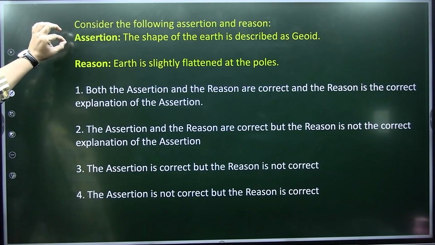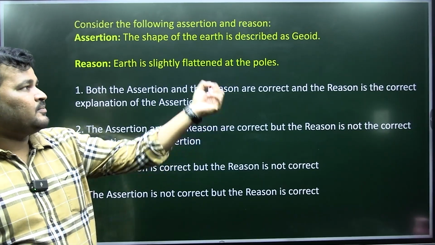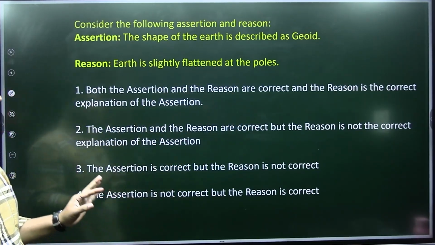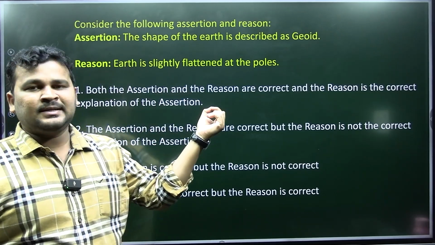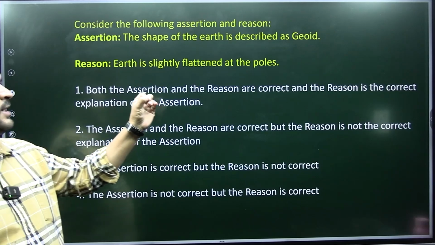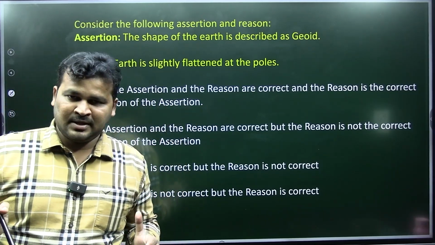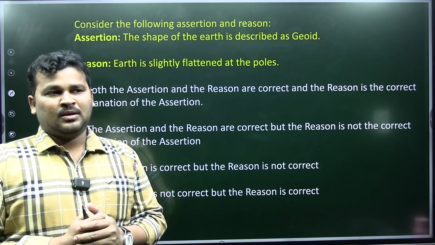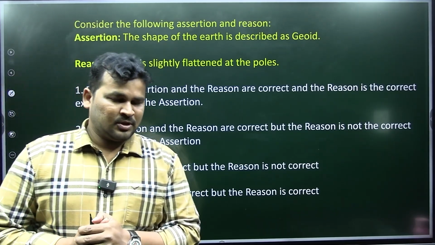Next, assertion: the shape of the earth is described as geoid. Reason: Earth is slightly flattened at the poles. He's saying that the shape of the earth is regarded as geoid. Why was the word geoid given to the earth?